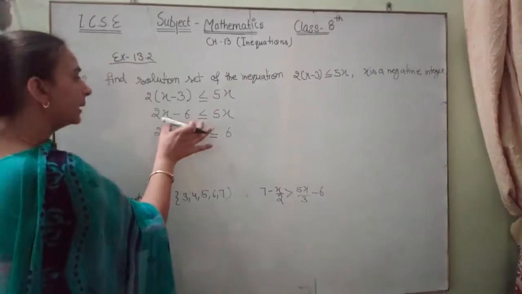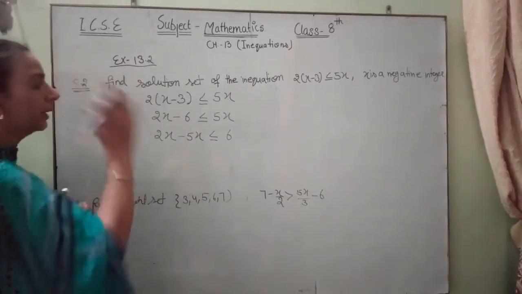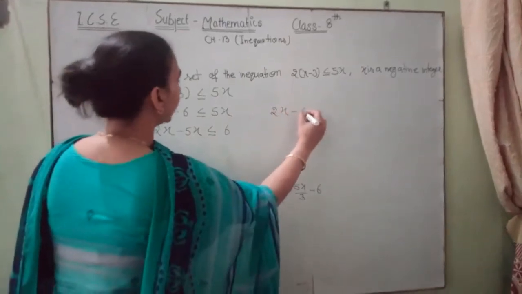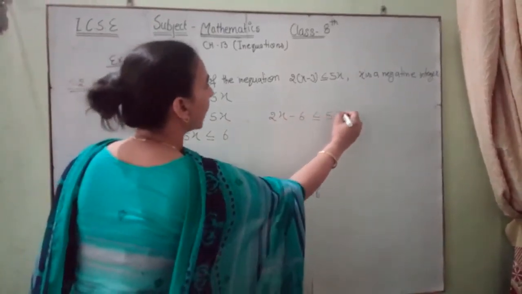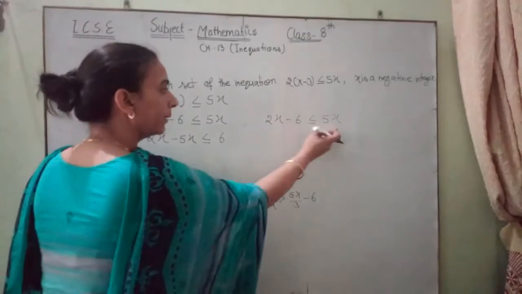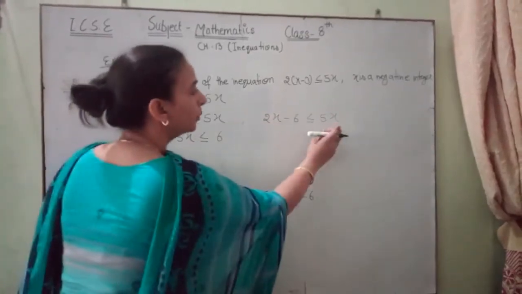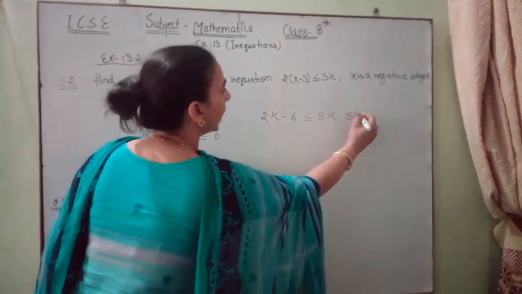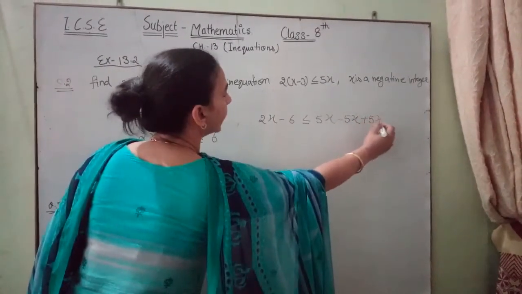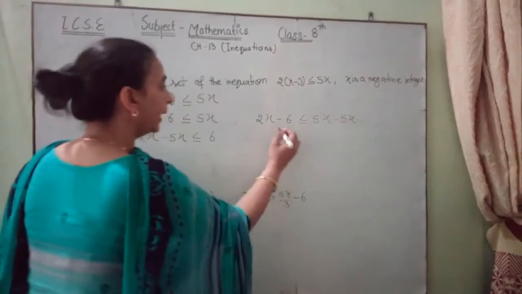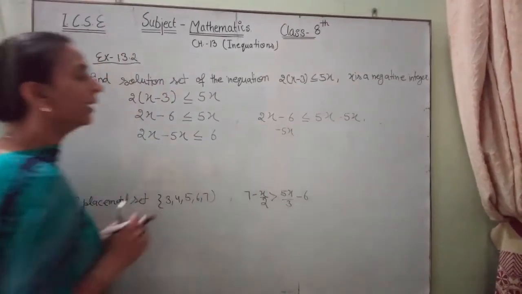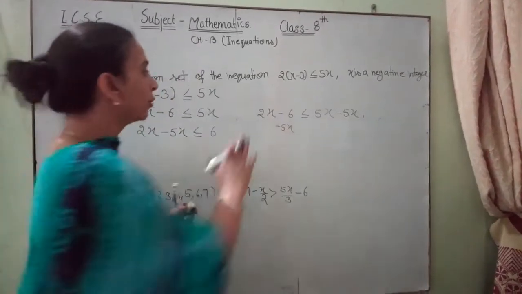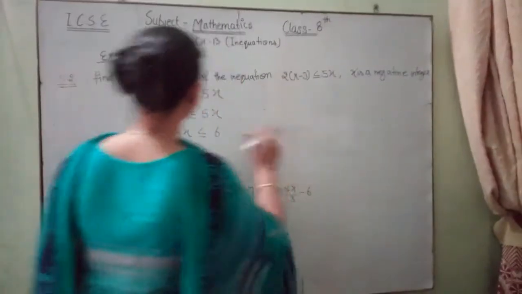This is simple, but if we take 2x minus 6 less than or equal to 5x, we could take 5x on this side, then we remove 5x from this side, then we take minus 5x on this side and minus 5x on this side. But this is complicated, you will learn this in higher classes.